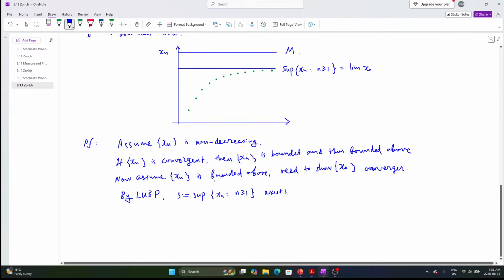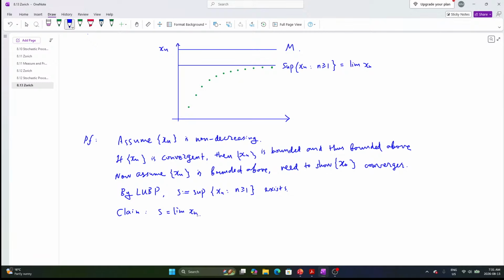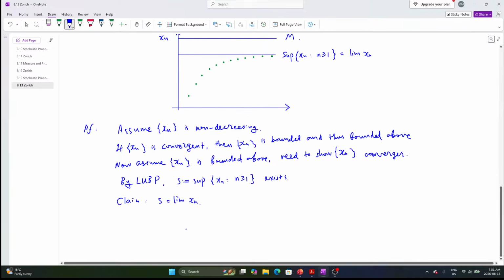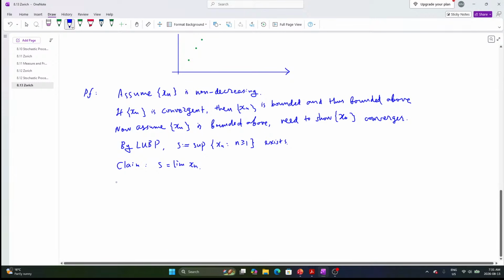Okay, so that's the first sentence, and we want to claim that S is the limit of xn. Okay. And indeed, this is the case. You can use the definition of sup. Think about it. Let's see what we can do to prove this claim. Proof of claim.